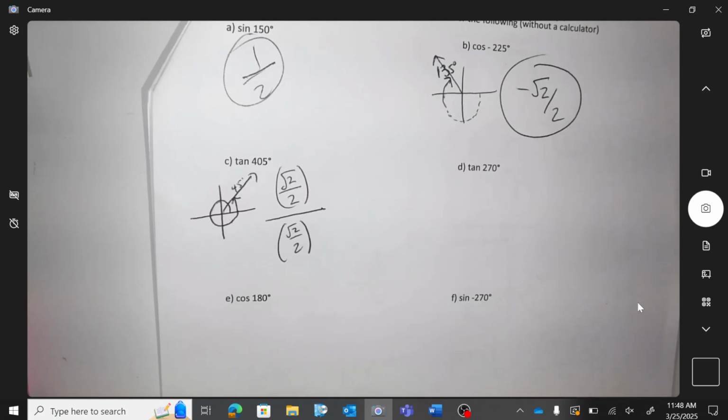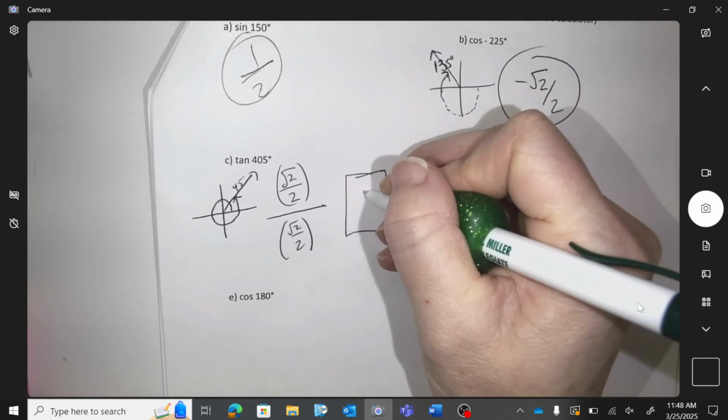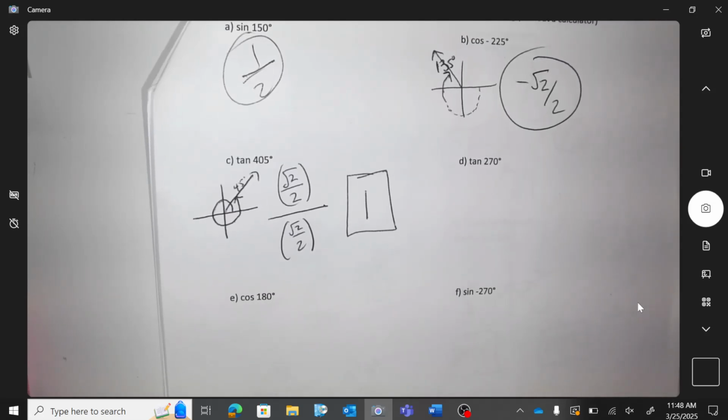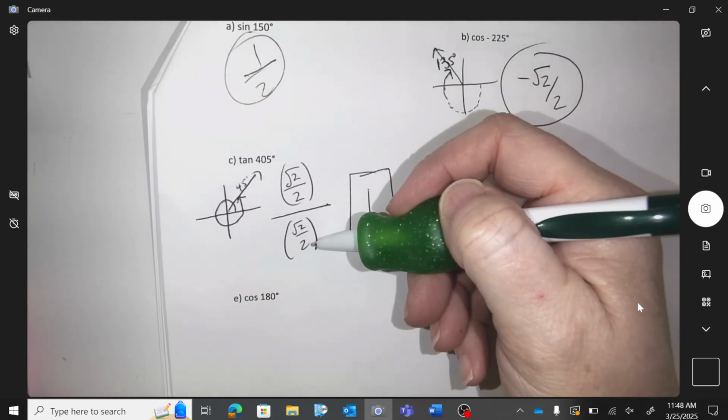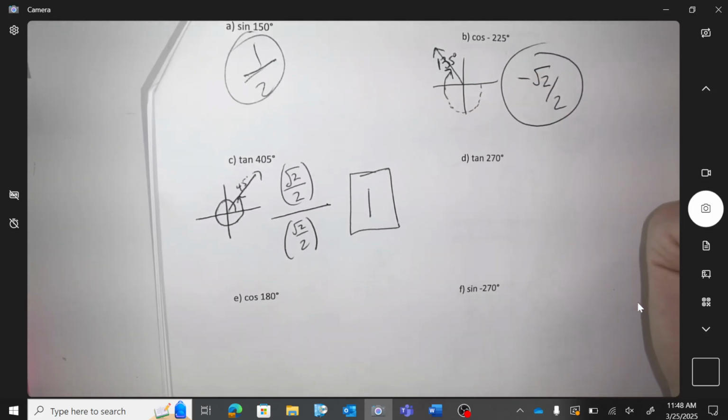I'm going to give you 1 second to think about that answer. 1. Okay, you don't need to do any crazy math. You should just see, hey, this value and this value are the same, so when I divide, it's going to make a 1.